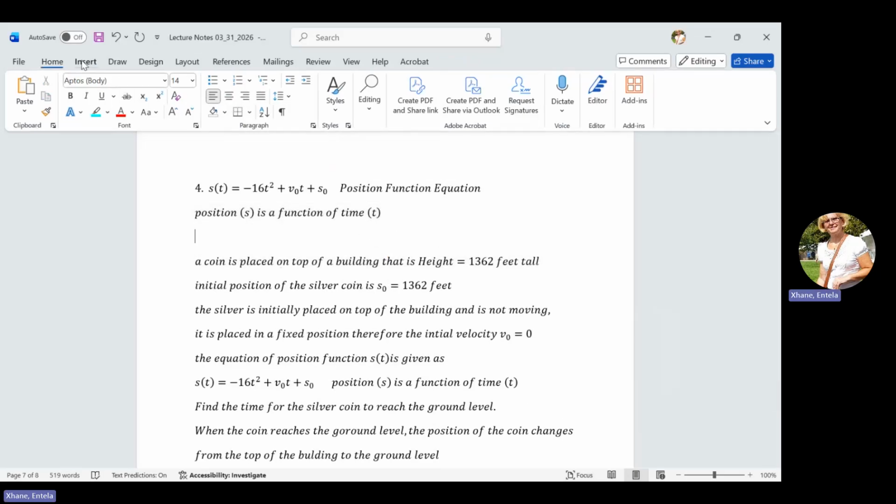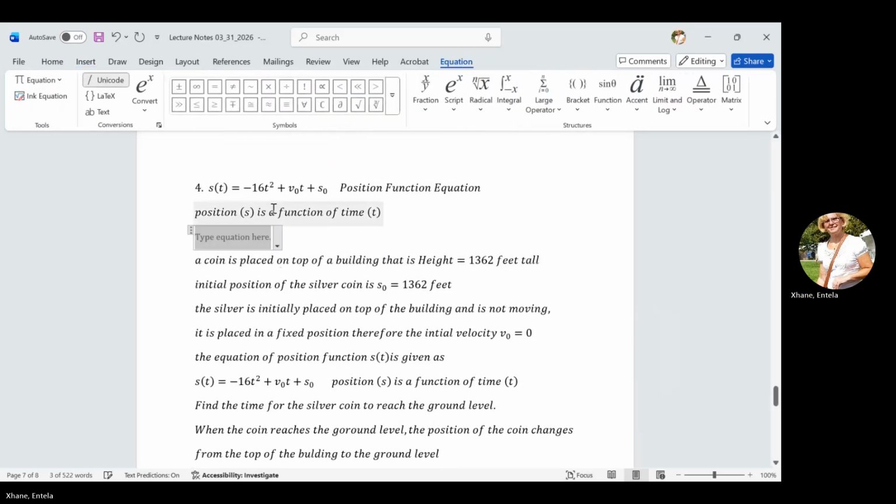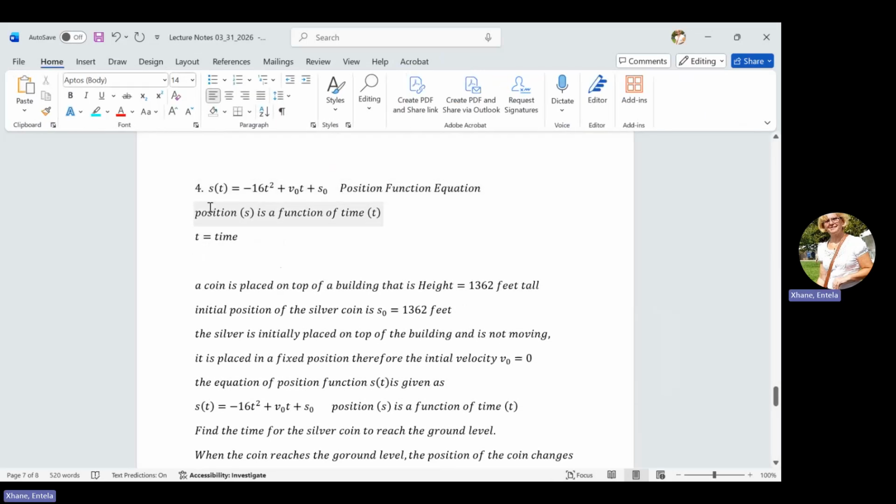T stands for time. It's extremely popular in physics. S of 0 stands for the initial position.